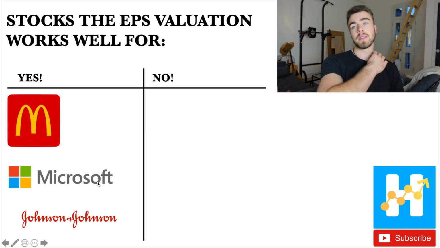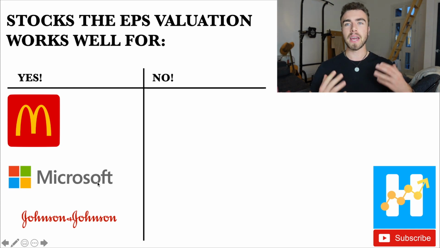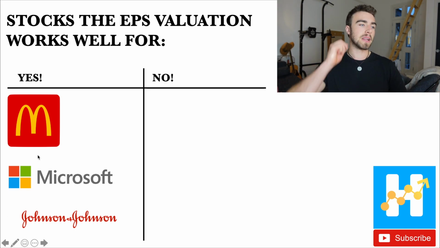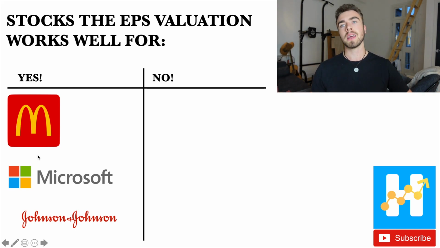Companies like Microsoft are still growing very quickly, but they're growing at a relatively consistent rate. The other thing these companies all have in common, and it's quite important, is they have a large market cap. When a company has a large market cap, there's a lot of research being conducted on that company because there's demand from the buy side to buy the research, and hence there's a lot of analysts trying to forecast the earnings per share going forward, which is very important. So that's the kind of thing we're looking for.